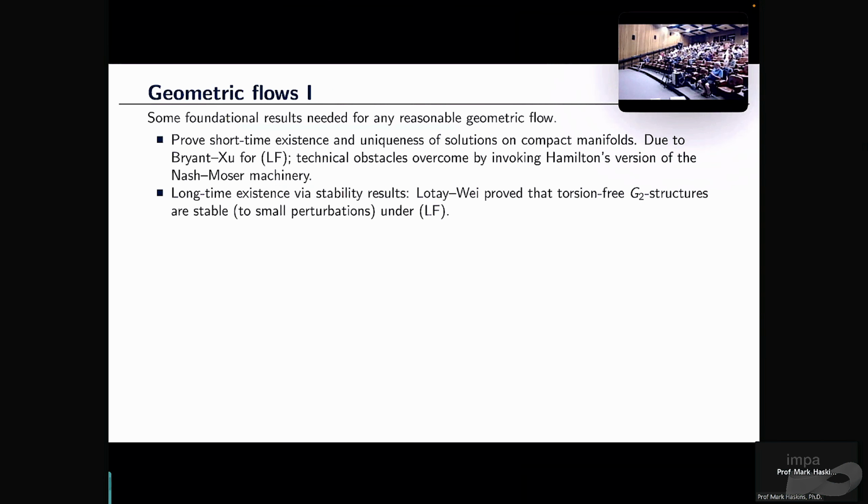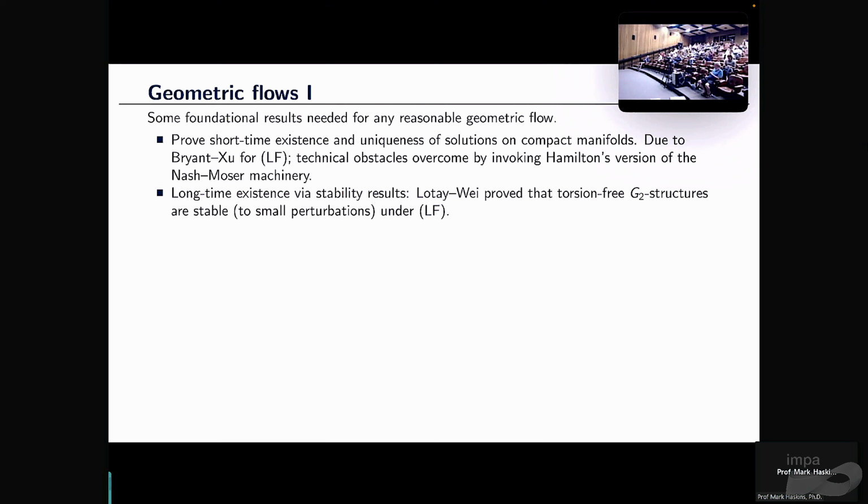Let's say a little bit about what sorts of things you might need in any geometric flow to have a hope of succeeding. The first thing you need is at least short-time existence and uniqueness for solutions to your flow on compact manifolds.